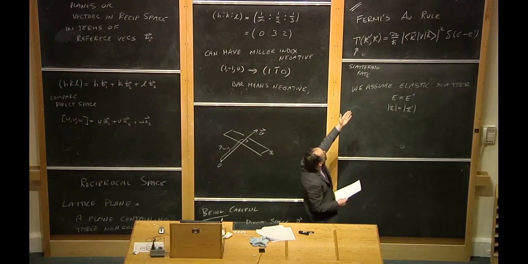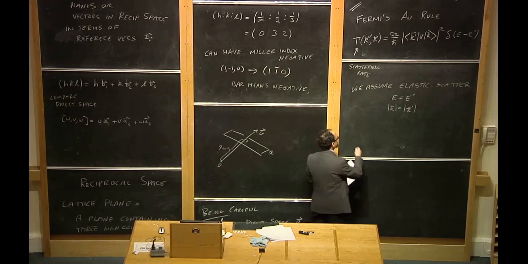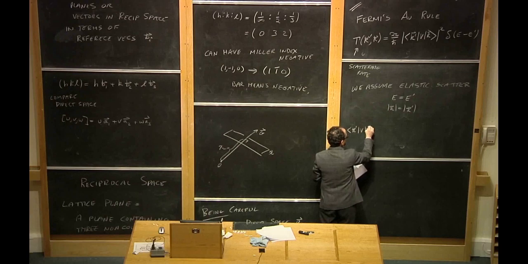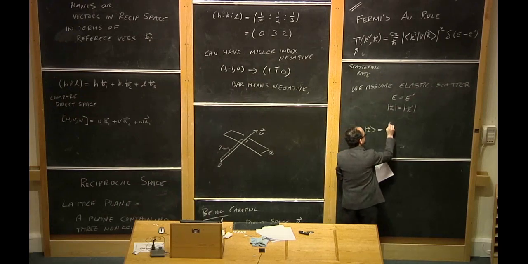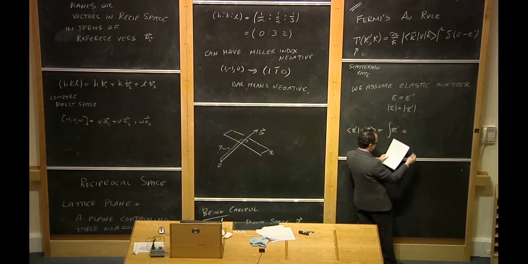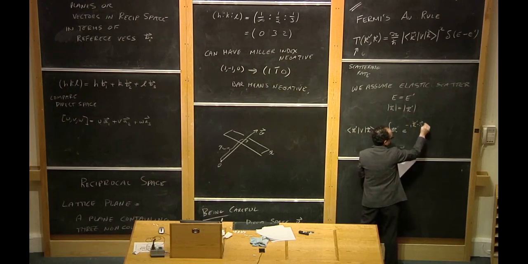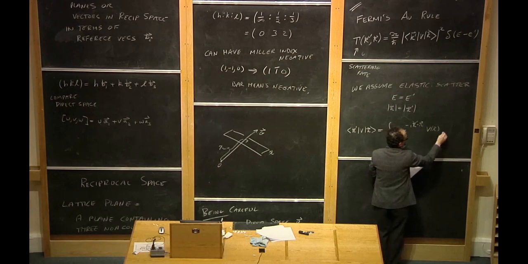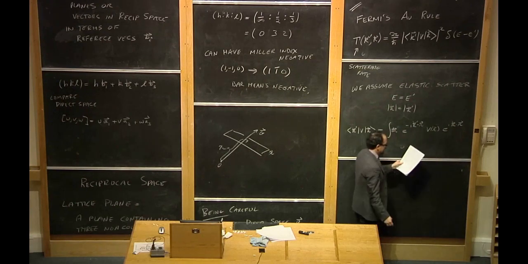And the only thing that's difficult in that expression, Fermi's golden rule, is the matrix element. So let's write out the matrix element. So we have k prime V k equals what? Well, we'll use the real space representation of these kets. It's the integral dr of e to the i k prime dot r times V of r times e to the i k dot r. Do I have the signs right? Yeah, okay.